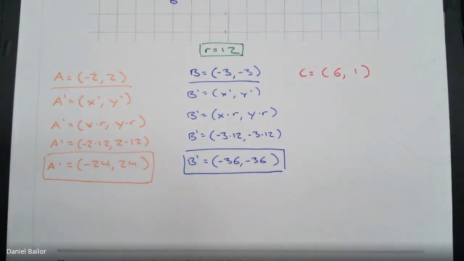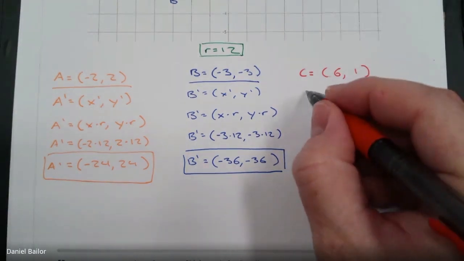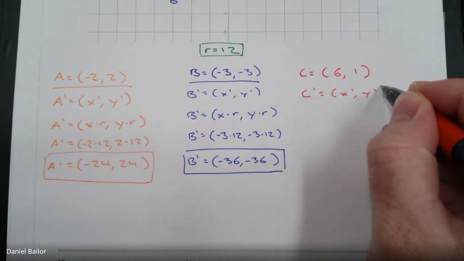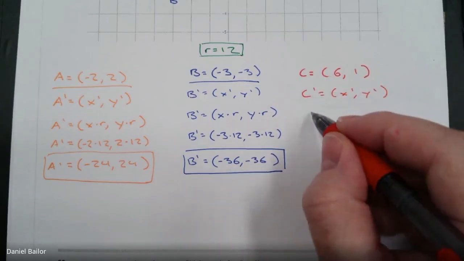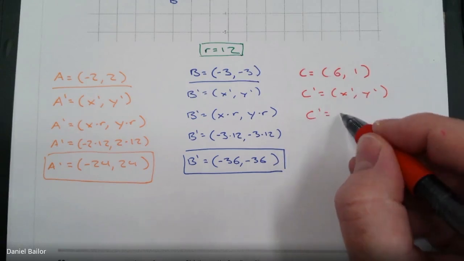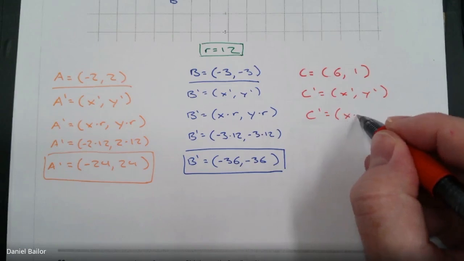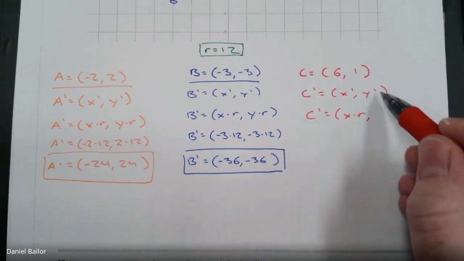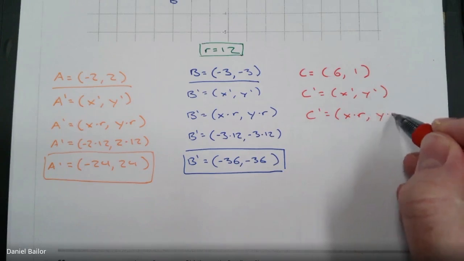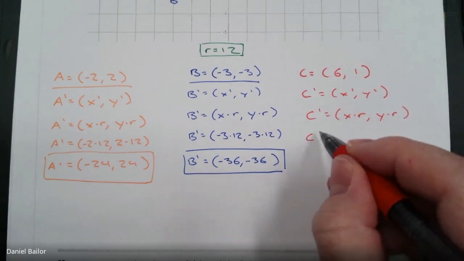A triangle has 3 vertices, so we still need to do point C and find C prime. C prime is going to be x prime and y prime. How do we find them? We use the dilation equation, and we do the original times the scale factor. Put in what we know.